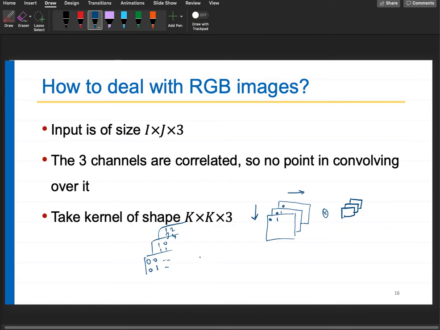And my kernel is 1, 0, 0, 1, and then 0, 0, 0, 1, and then 1, 1, 1, 1. What will be the output? What is the output here? How will you do it?